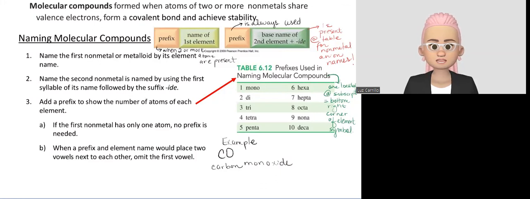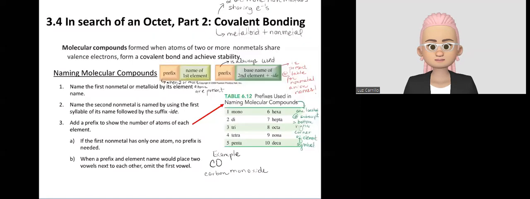So when you have mono, tetra, penta, hexa, hepta, octa, nona, deca, and oxide is that second nonmetal, remember that the last letter from the prefix is deleted, and then you make one word with oxide. Understand that this does not occur when your subscript is 2 or 3.